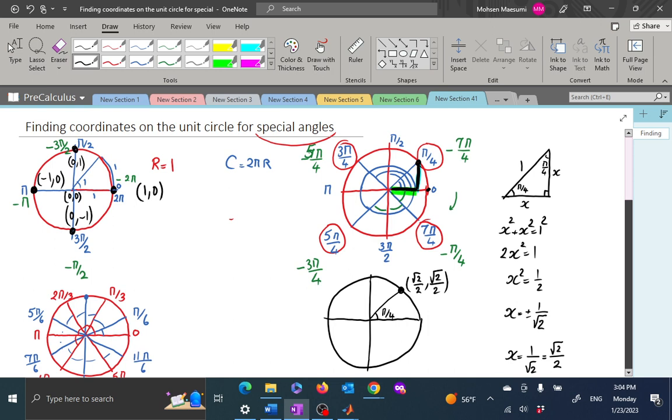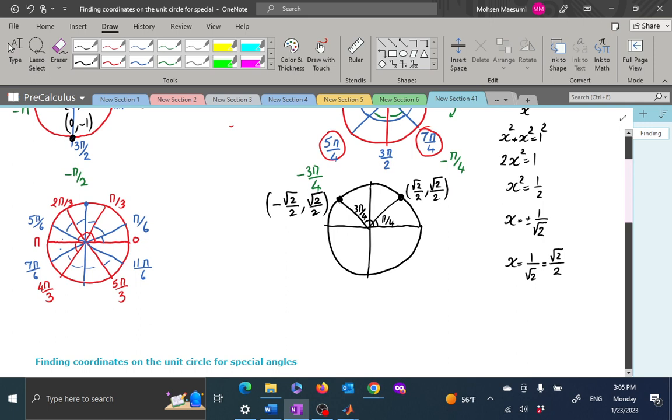Okay, so this is the coordinate of that. Well, if I go to the left hand side, my x becomes negative. So by the time I have come to 3 pi over 4, so this angle now is 3 pi over 4, the coordinate becomes minus radical 2 over 2 and radical 2 over 2.